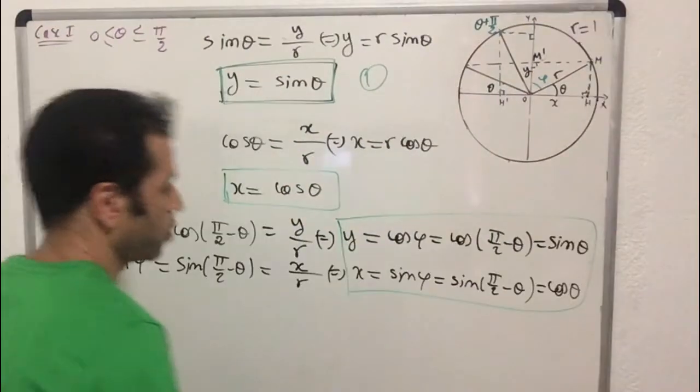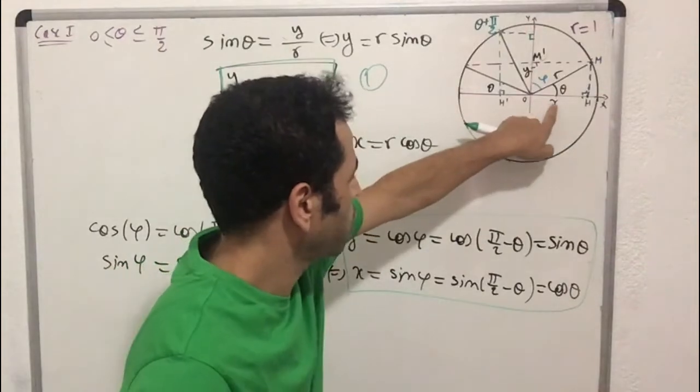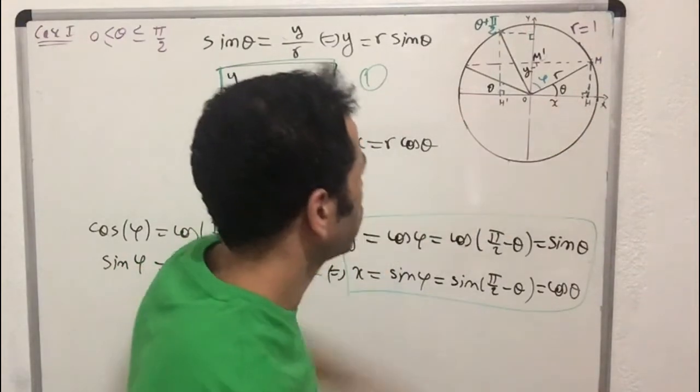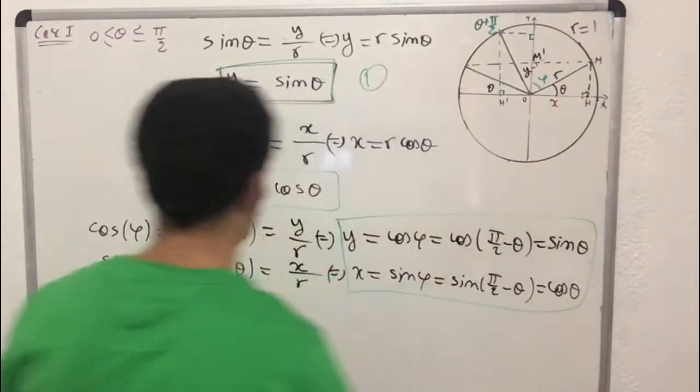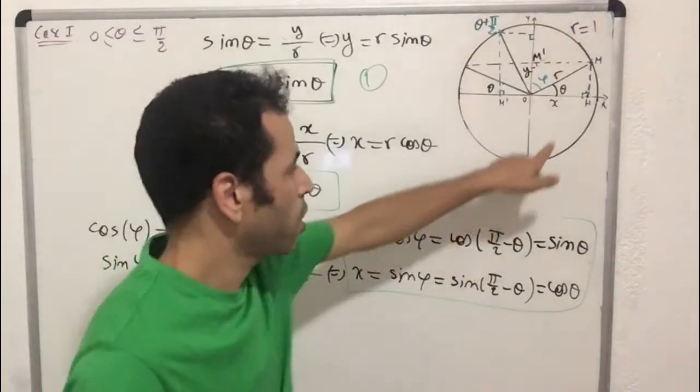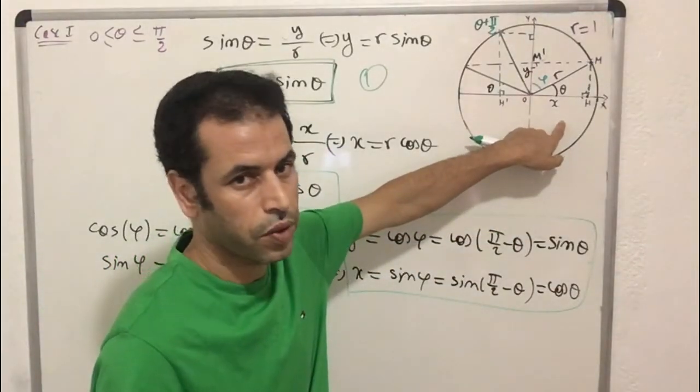Okay, if you take a look again at this triangle MHO, this is a right triangle. Now I'm going to apply the Pythagorean theorem.